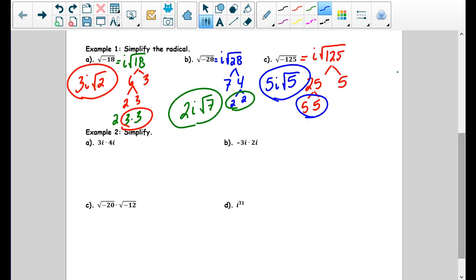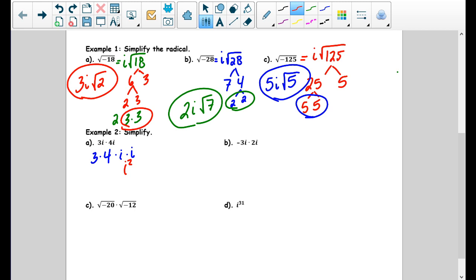Alright, so we have some operations here now. What if I'm multiplying with imaginary numbers? Okay, so again, multiplication order doesn't matter, right? So if I want to rewrite this, I could say 3 times 4 times i. And what's i times i? i squared, right?